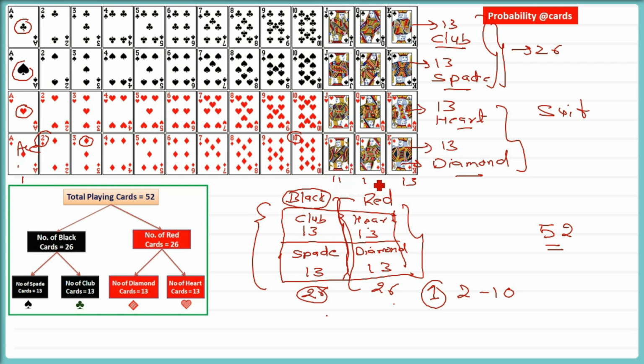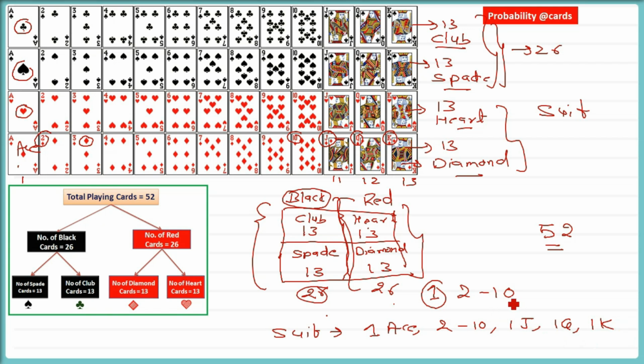And from 11 to 13, 11 is a jack for all the suites, 12 is queen for all the suites, and 13 is king for all the suites. So for 13 cards in one suite, there will be 1 ace, 2 to 10, that is 9 numbered cards, and 1 jack, 1 queen, and 1 king.